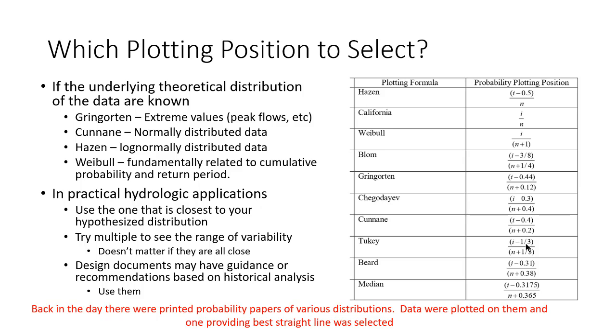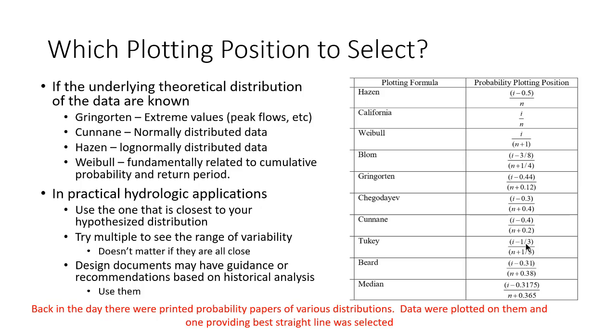Of course, if all the plotting positions are giving you fairly similar values, it really doesn't matter which plotting position you pick. But if they're giving widely varying values, then you have to decide which one to pick. And that will control how much factor of safety you're building into the system.